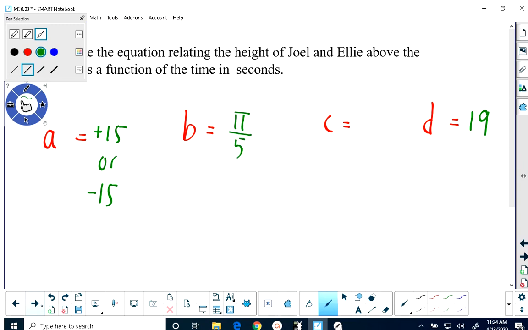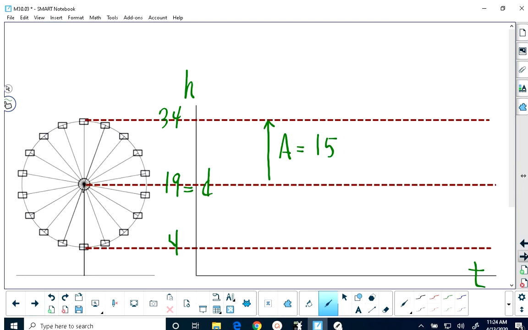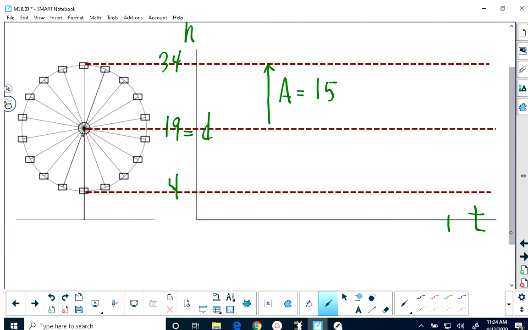But let's sketch the graph. We know that they start at the bottom, and in a 10-second period, they're going to end up back at the bottom. So if I put 10 seconds here, and I divide that into 4 chunks, just eyeballing it, we know that they start at this location.